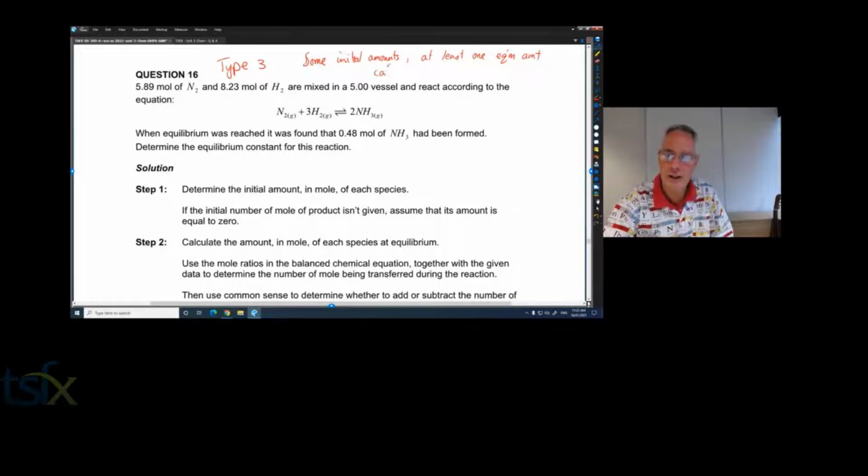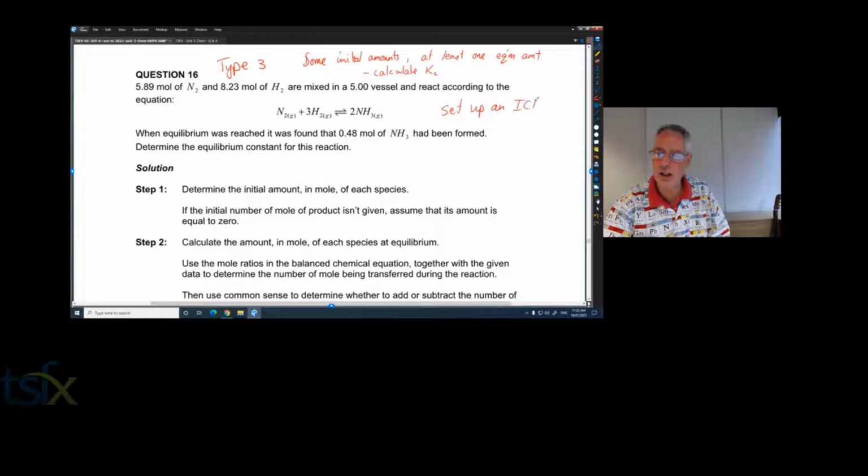And you have to calculate K. And if you don't learn to set these up in a very specific pattern, only the absolute brightest of you will ever get them right. Trust me. So it's a thing called you set up an ice table.